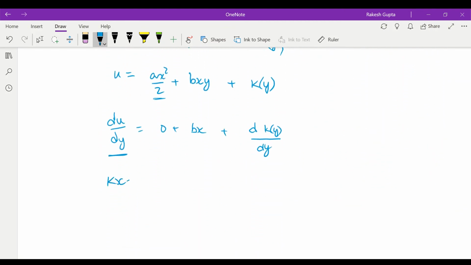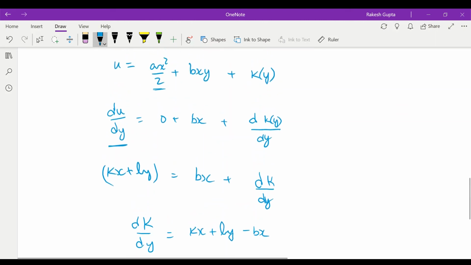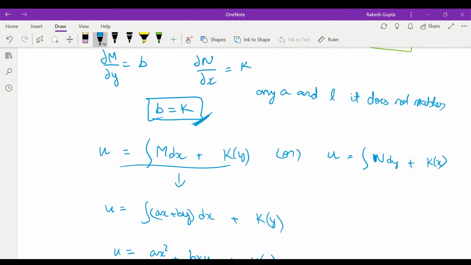So kx plus ly is equal to bx plus, I'm just going to write this as dk by dy. Now when we rearrange, we'll get dk by dy as, now if you remember, we got a condition which said b is equal to k.